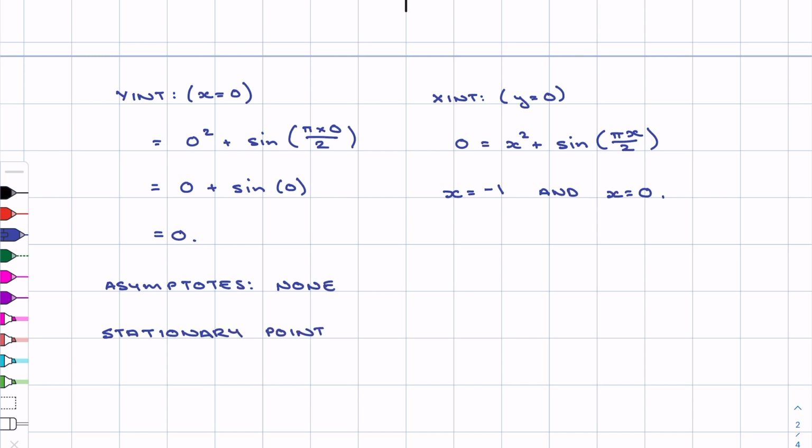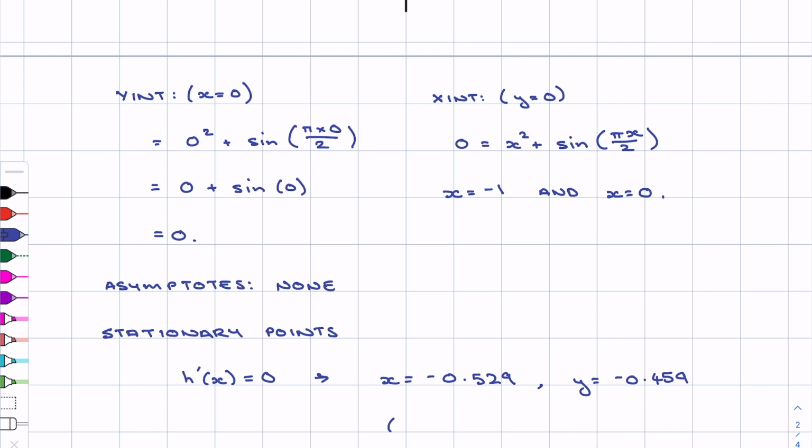Now, to establish my stationary points, I'm looking at h'(x) equaling 0. Okay, this gives us 2 points. I get x equals -0.529 and y equals -0.458, or if I round up, -0.459.